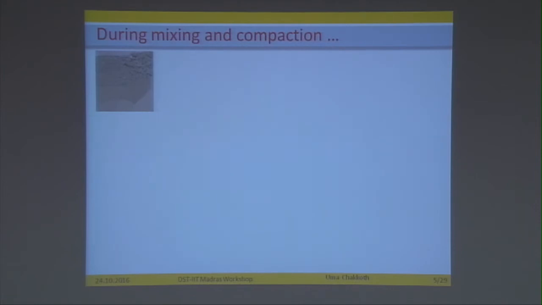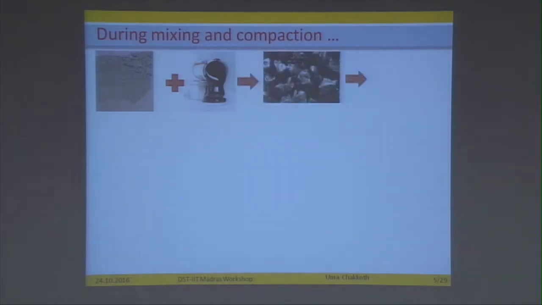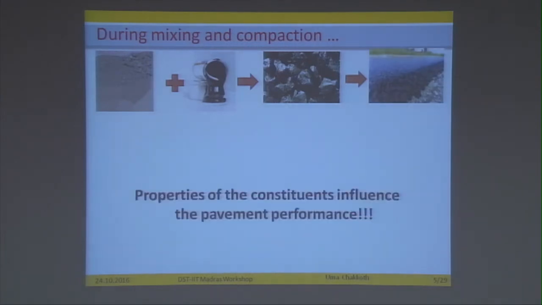We essentially know that there are two constituents. One is the aggregates, or stones of different sizes, which is mixed with the binder. The mixture is obtained and compacted to the final pavement layer. We understand that the properties of the constituents will obviously influence the performance of the pavement.